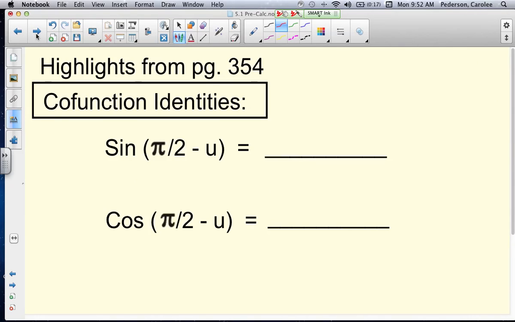On page 354, the co-function identities. Write these down. They're not in your notes. And I purposely left the right side blank. I want you to see if you can find those on page 354. The sine of pi over 2 minus u equals what?